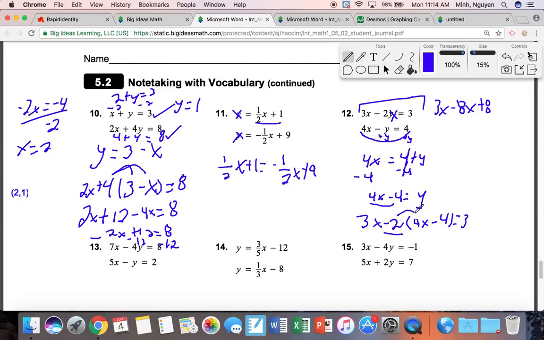Negative 2 times positive 4 is negative 8. Negative 2 times negative 4, don't forget this sign, is a positive 8. Equals 3. 3x minus 8x is negative 5x plus 8 equals 3. You'll subtract 8, you'll get negative 5, you'll divide by negative 5, and you will get 1.